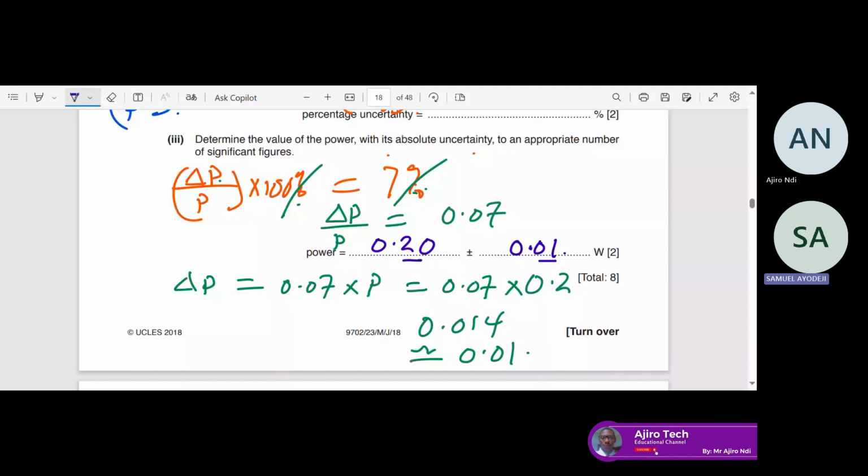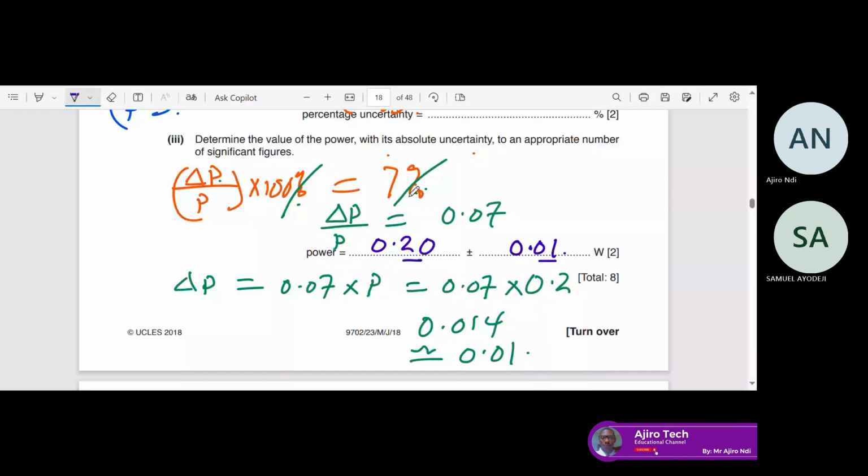There's nothing like calibration under this topic. Yes, there is, like in paper one. It's fine, I'll send it to the group and show you what I'm talking about. Are you saying it's under this topic? Yes, sir. But it's calibration.